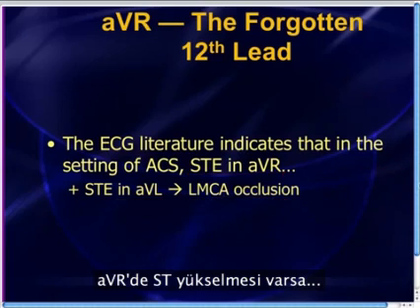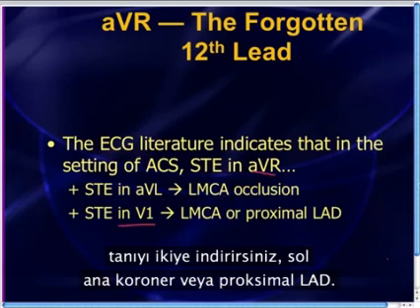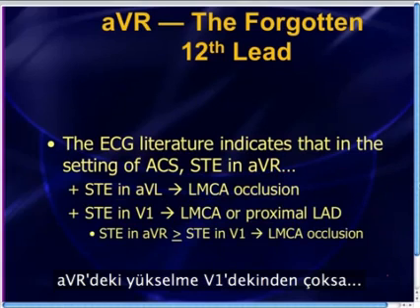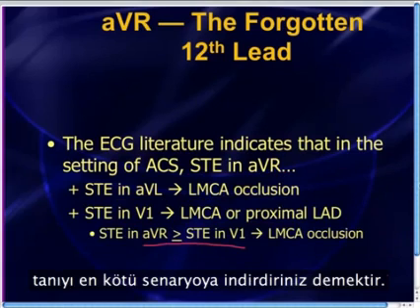Next point, if you have elevation in aVR plus V1, you narrow the differential down to one of these two things, left main or proximal LAD, but we can narrow it even further, and if the elevation in aVR is greater than in V1, then you've narrowed it down to the worst case scenario of all.